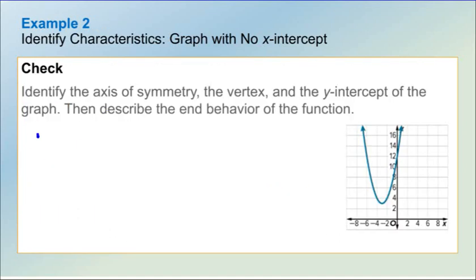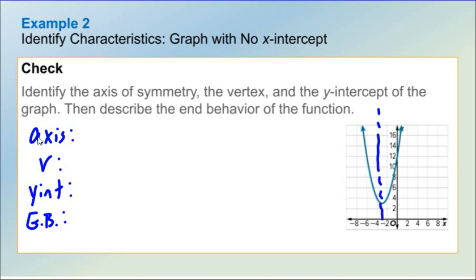Next, our axis again, our vertex, our y-intercept, and our end behavior. The axis of symmetry is halfway between -2 and -4, so that makes x equal -3.